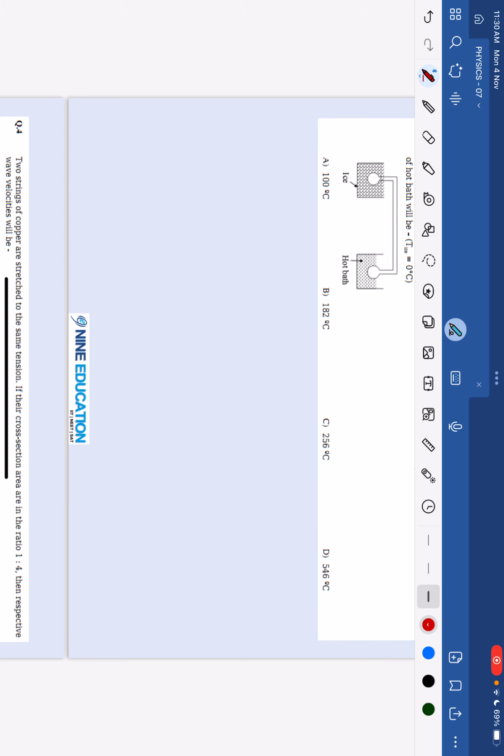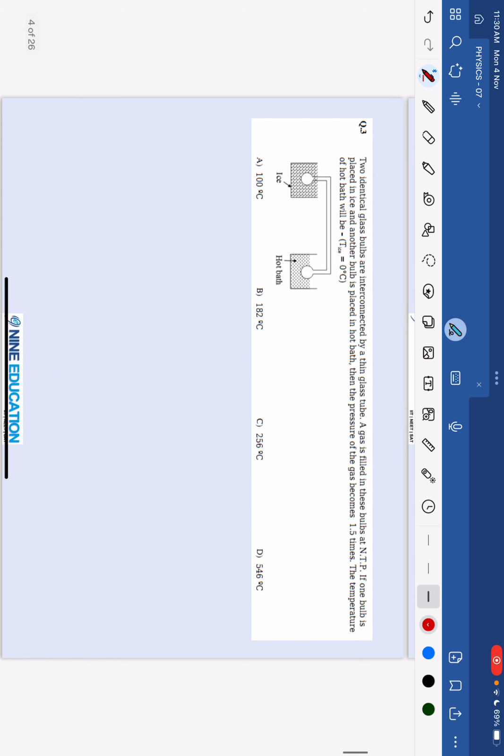Now the next one we are able to see here is two identical glass bulbs interconnected by a thin glass tube. So we can see there are two glass bulbs interconnected by a thin glass tube. A gas is filled in these bulbs at NTP. If one bulb is placed in ice... So in the beginning, everything is at the same temperature.